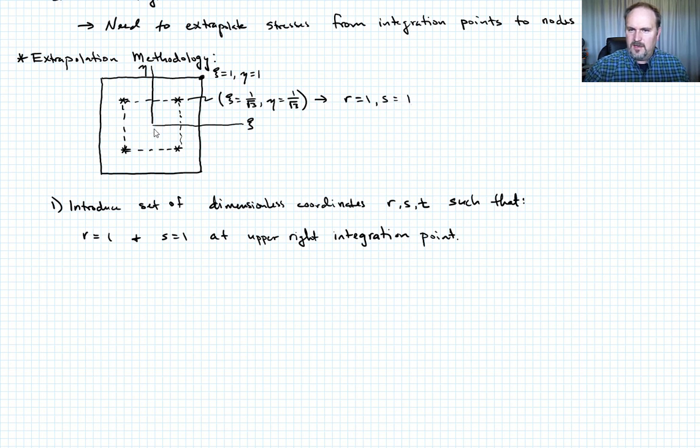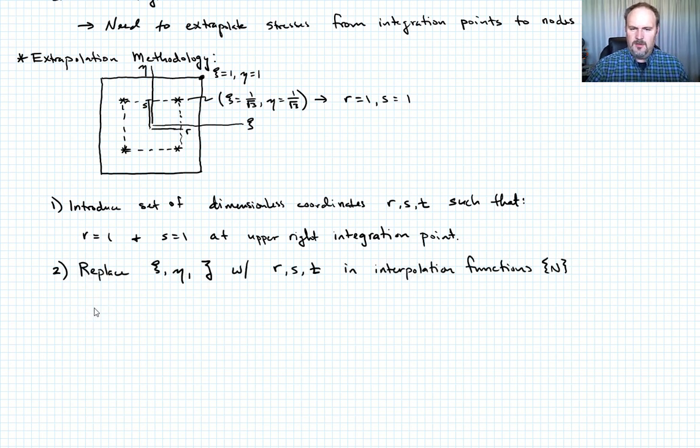This is my R axis, and right along eta is my S axis. So now our integration points run from R equals negative 1 to 1 and S equals negative 1 to 1. Then we're going to replace ξ, eta, and zeta in our interpolation functions with R, S, and T.